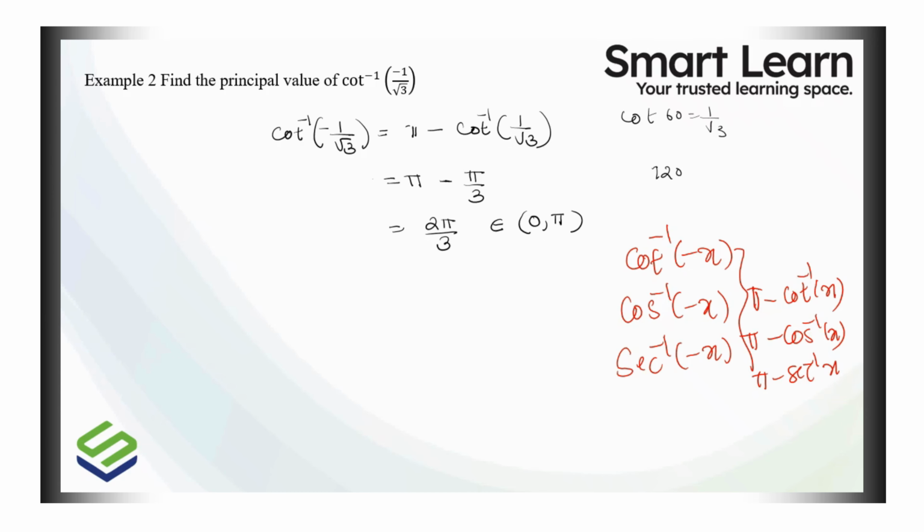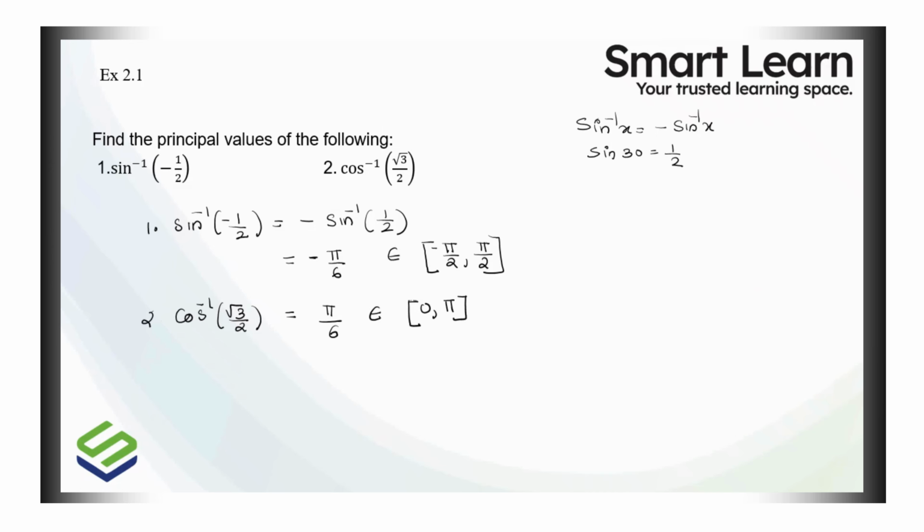So here cot inverse of minus 1 by root 3, how can I do it, children? Pi minus cot inverse of 1 by root 3, that is pi minus pi by 3. So you will get 2 pi by 3. What is the cot inverse principal value branch? Open interval 0 comma pi. So it belongs to 0 comma pi.